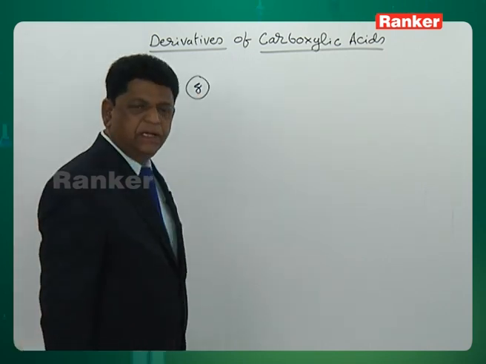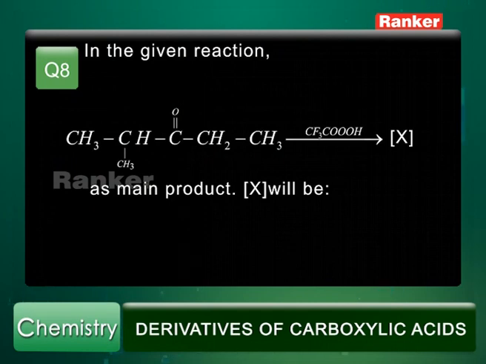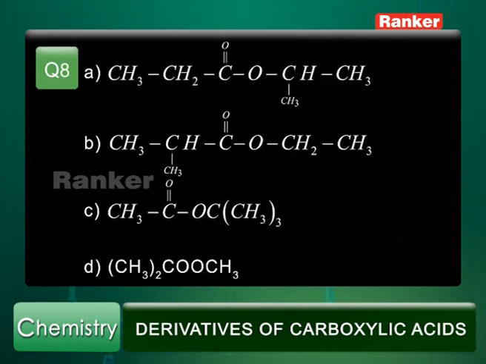Question number 8. In the given reaction, a ketone containing an isopropyl on one side and an ethyl group on the other is treated with trifluoroacetic acid. The compound X is formed as the main product. Option A is an ester where the isopropyl side has an extra oxygen, and in option B the oxygen is on the side of ethyl.